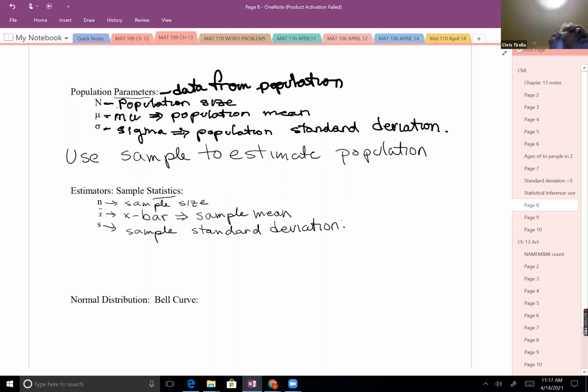And when it comes to the mean and the standard deviation, for the population, we use those Greek letters, mu and sigma. But for the sample, we use X bar and S. I believe for most of what we'll be doing beyond this, we'll be looking at sample values more than population values.